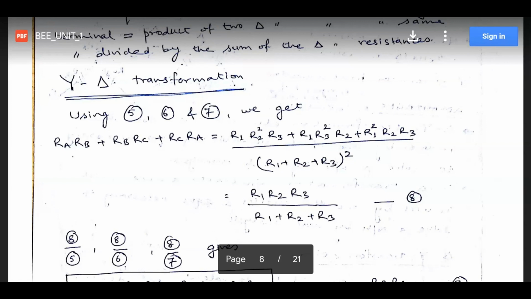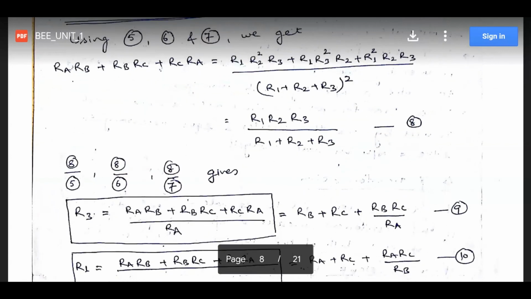So from the numerator, if we isolate R1 R2 R3, we will get the series combination R1 plus R2 plus R3, which will be cancelled from the denominator. Is this clear up till now? Dipanshu, is this clear now?